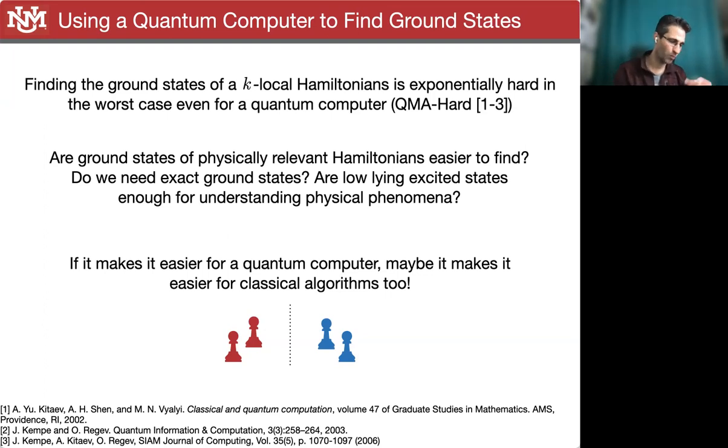So I feel like it's part of our job in the quantum information community to also continue pushing on the classical algorithms front to really make sure that the day our quantum computers get good enough to solve these problems, they've really beaten the best classical algorithms out there.